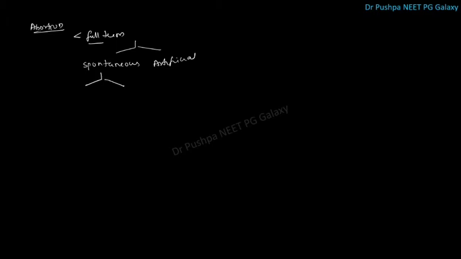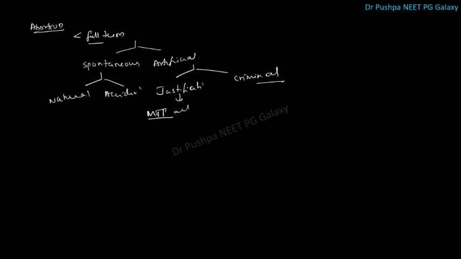So in spontaneous, again there will be natural or accidental abortion. In artificial, one is justifiable, another one is criminal abortion. This justifiable is nothing but MTP Act, medical termination of pregnancy. In criminal abortion, it is IPC section 312 to 316.